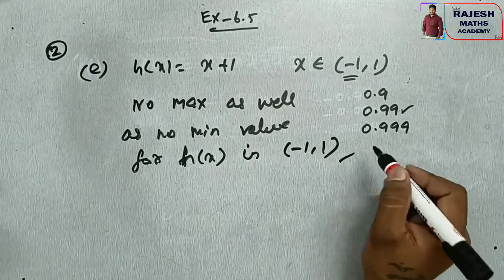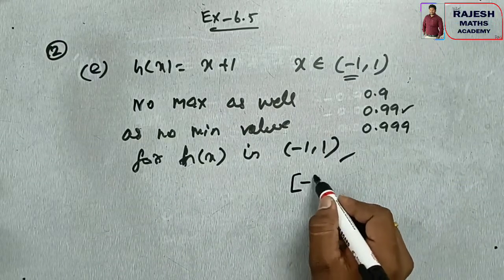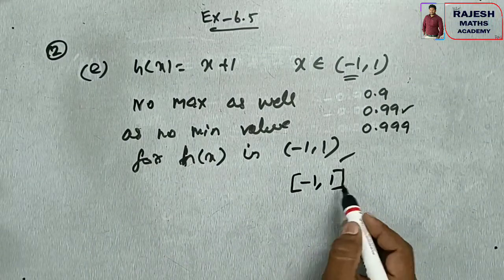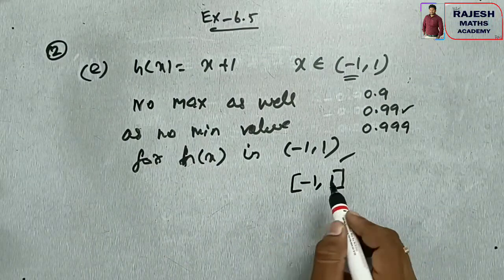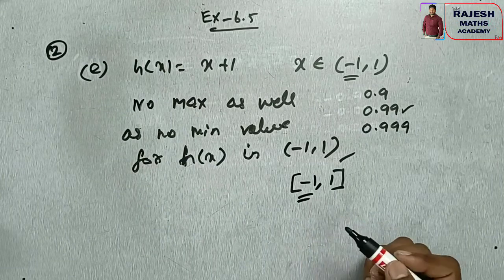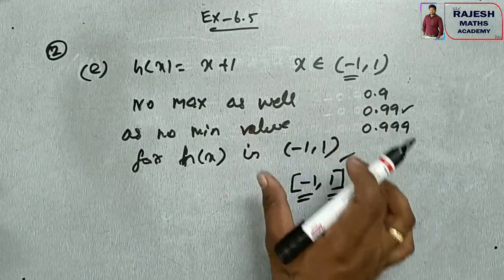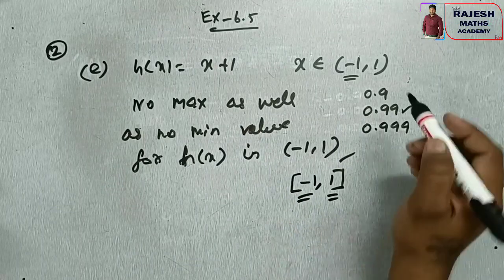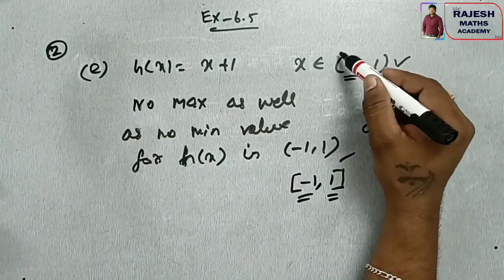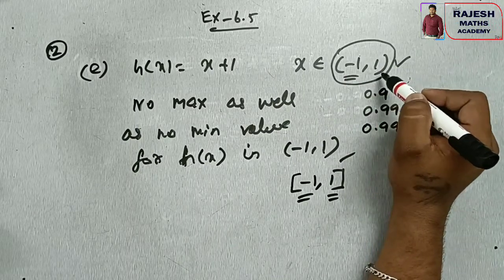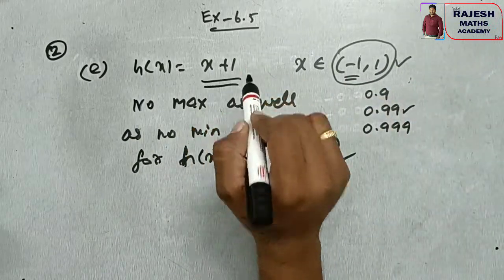Suppose my interval is the closed interval minus 1 to 1. Since it is a closed interval, we can easily identify minus 1 as the minimum value and plus 1 as the maximum value. So from this problem we can conclude that if the interval is open, we cannot find the minimum or maximum value, whereas with a closed interval the extreme values occur at the end points for this function x plus 1.